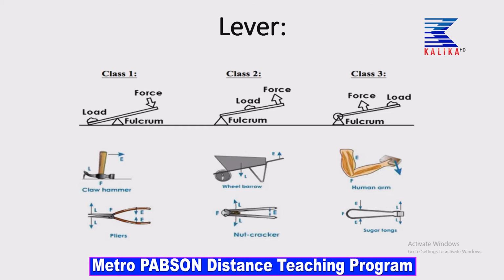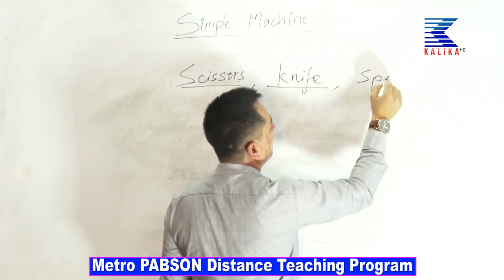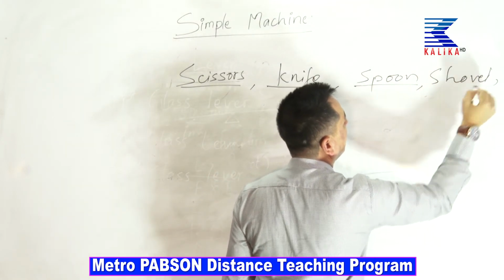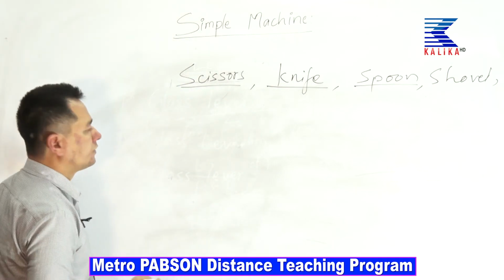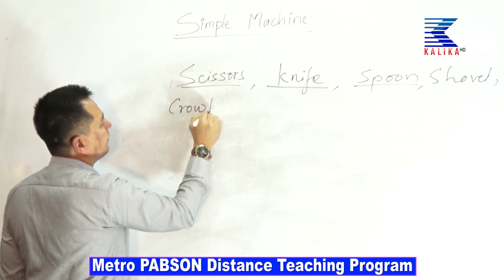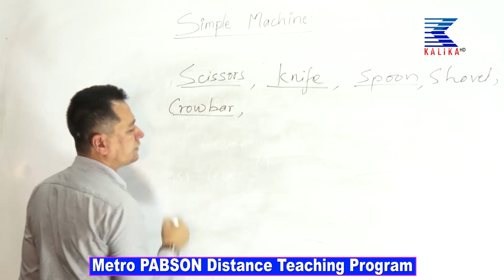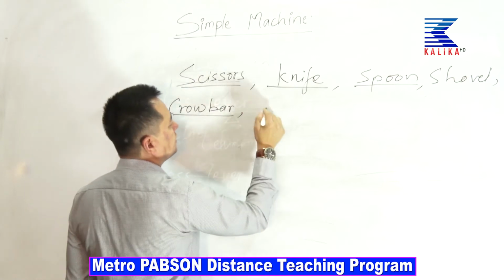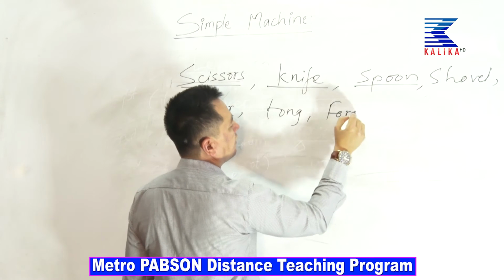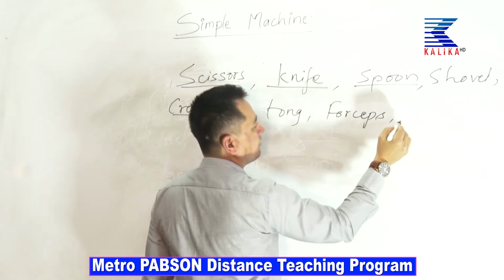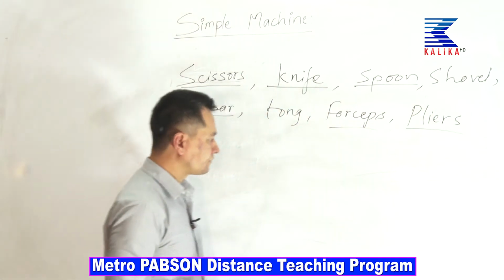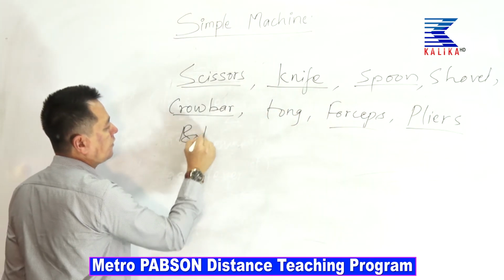What else? Spoon, shovel, a crowbar, very common example, tong, forceps, pliers. These are some examples.